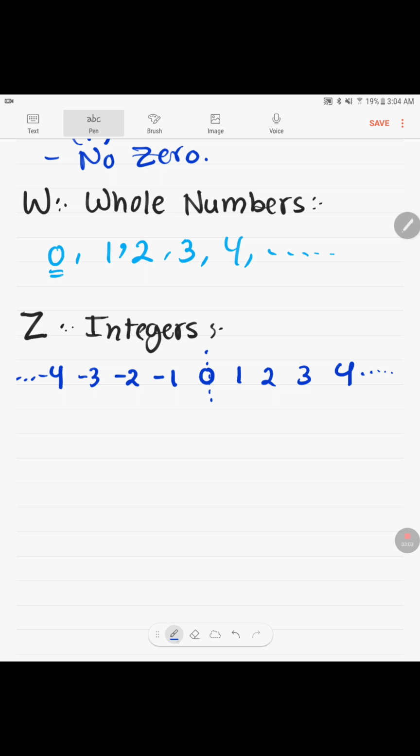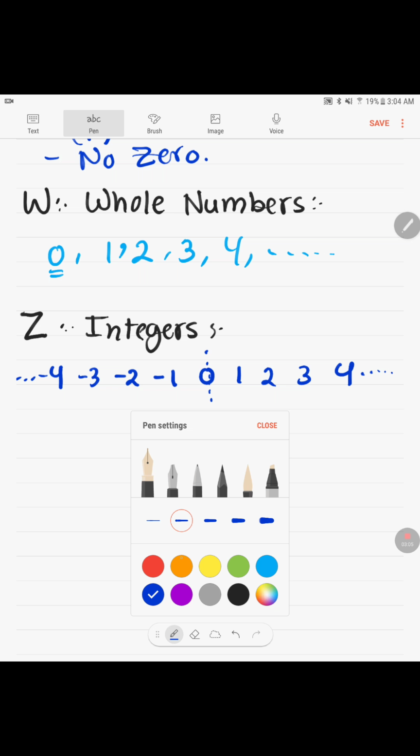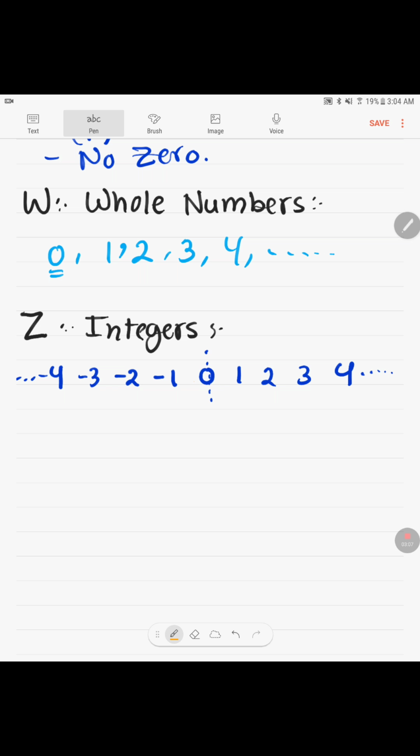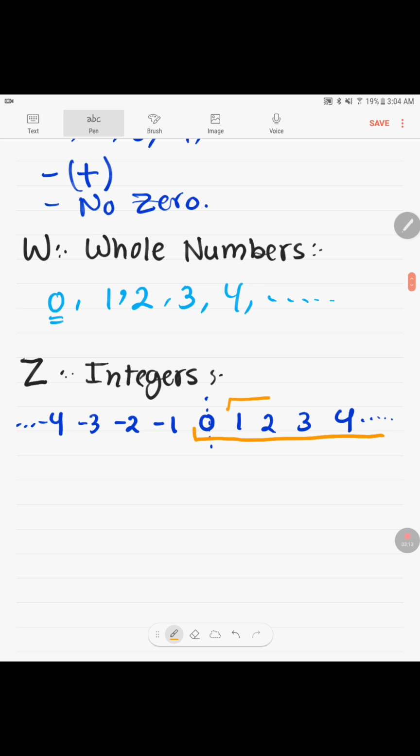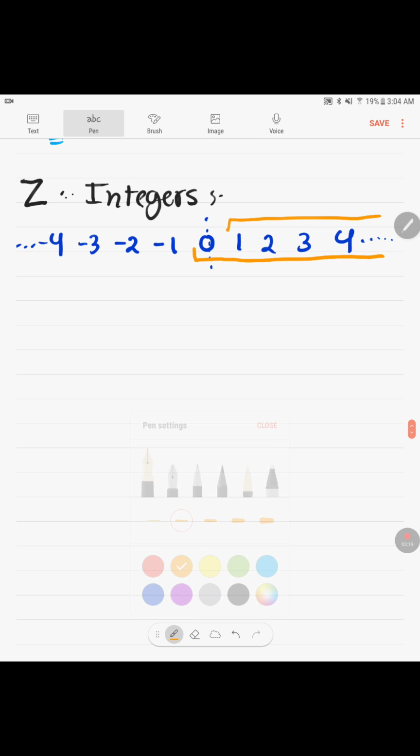So we see that whole numbers is a subset of integers, as well as natural numbers is also a subset in integers.